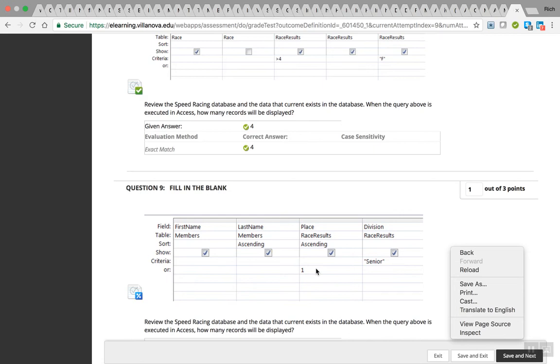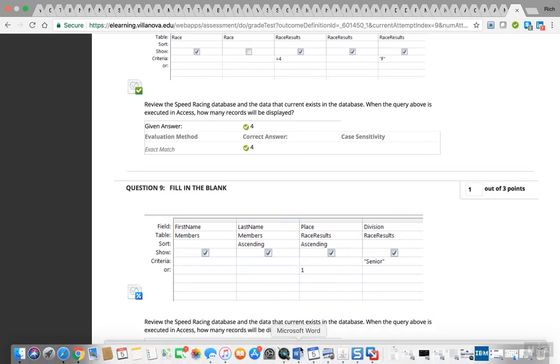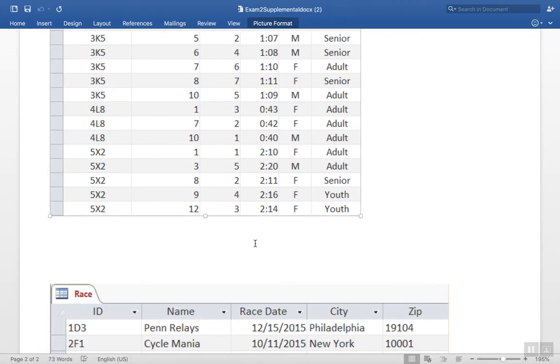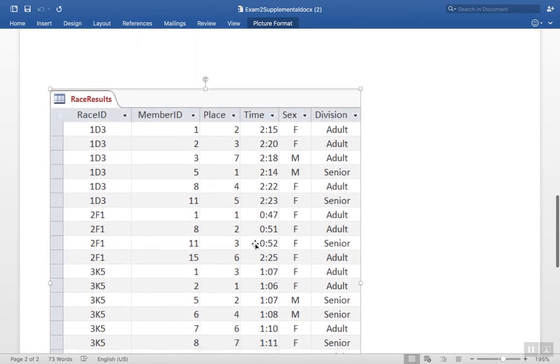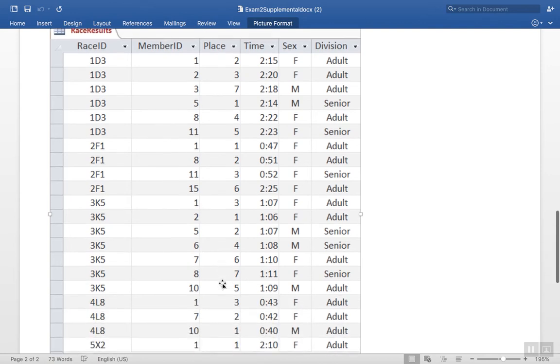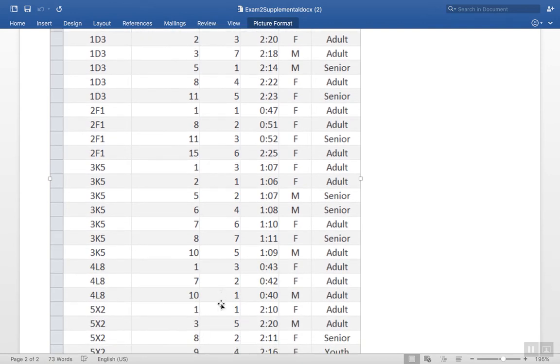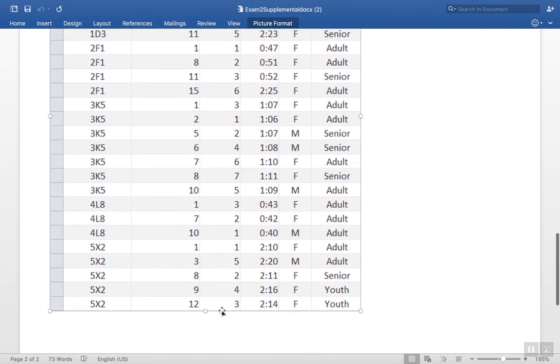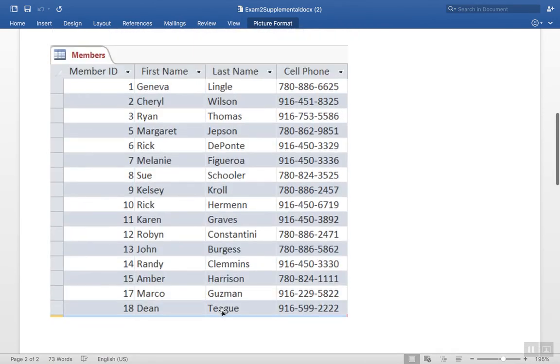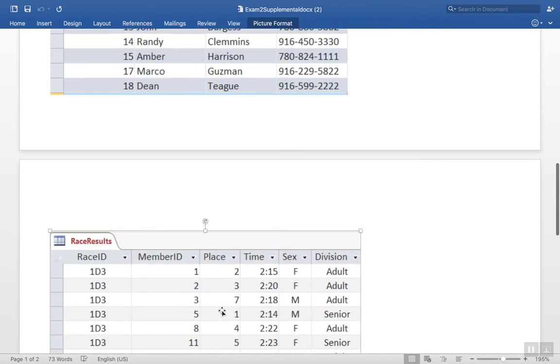So what you've got here, let's go back to our table. It's going to be anybody who finished first, which is going to be 1, 2, 3, 4, 5. 5 of those, or as a senior.